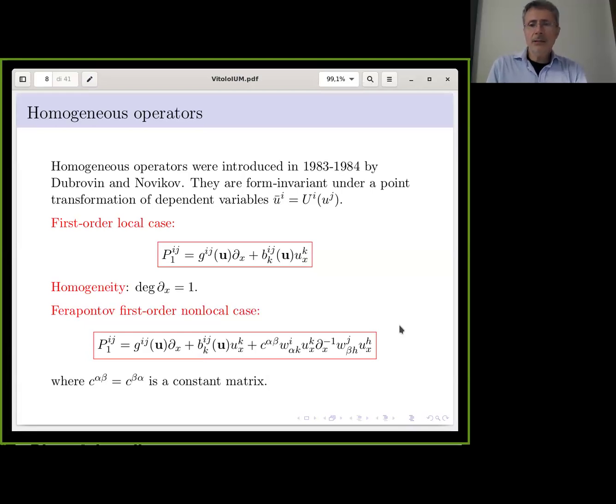So you cannot do anything more simple than this. And you may notice the fact that there is a non-local tail. This non-local tail of the operator is a linear combination of non-local parts, and the coefficients are arranged into a constant symmetric matrix, which is denoted by C alpha beta in this slide.